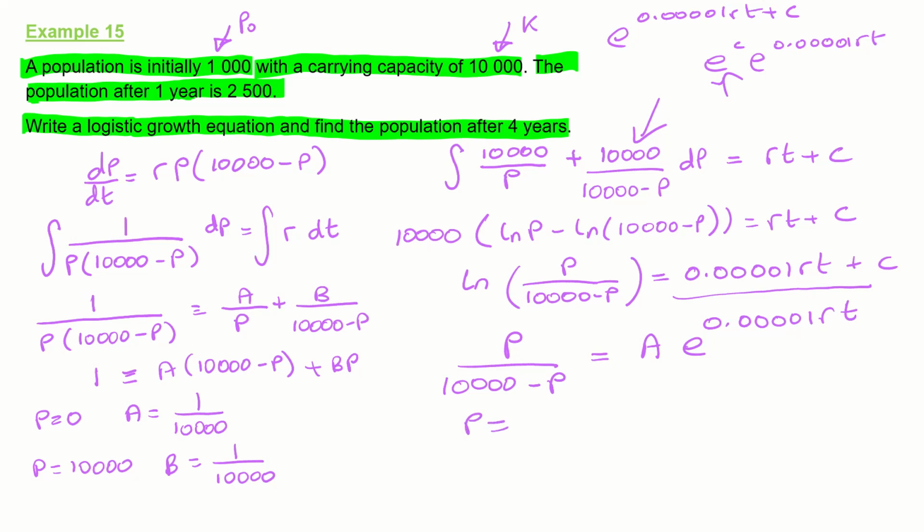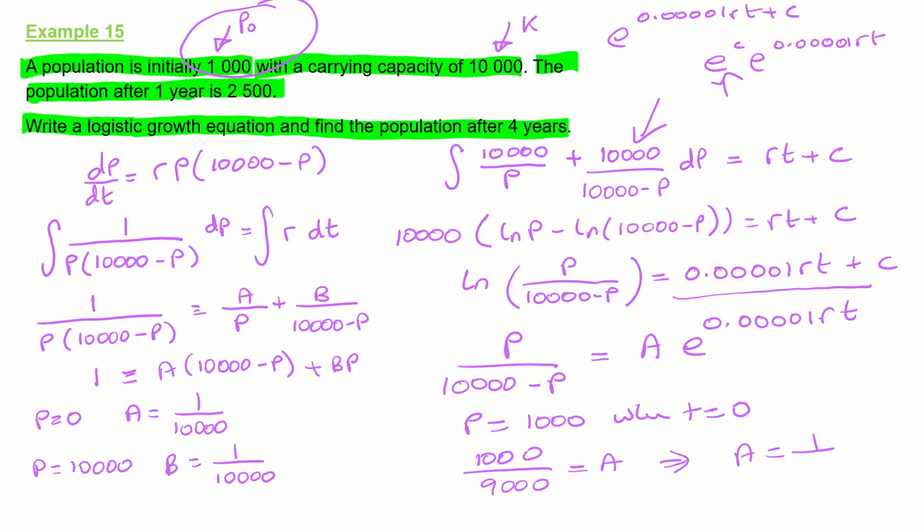We know that P is equal to 1,000 when t equals 0. That was the initial value up here. And so we get 1,000 over 9,000 is equal to A, or if you like, A is equal to 1/9.